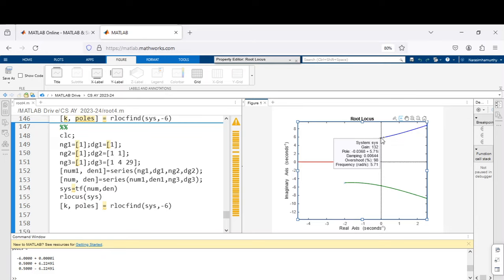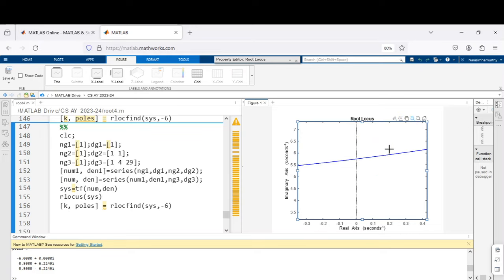So we want to have 136, it is still to the left side, so that is 132. Maybe when you go very close to that imaginary axis, let me zoom in further.